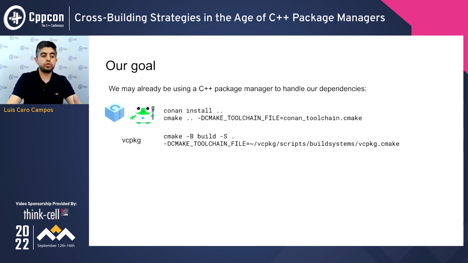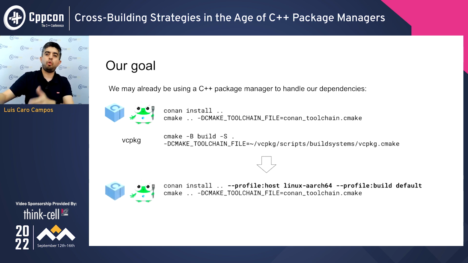What we want to do is keep that workflow to handle our dependencies for the platform that we want to build for. In Conan we now have the feature of two profiles. One of them is a host profile, which is the one for the machine that we're building for, and the other one is a build profile that models what we need on the machine that we're building on, and I'll elaborate on that a bit later.